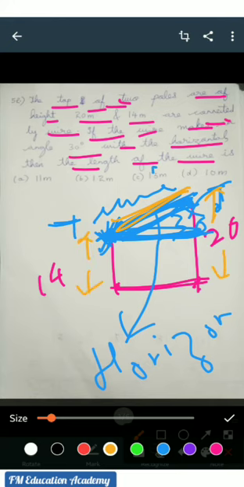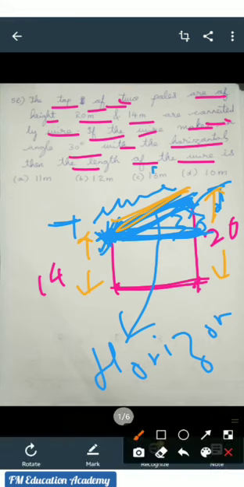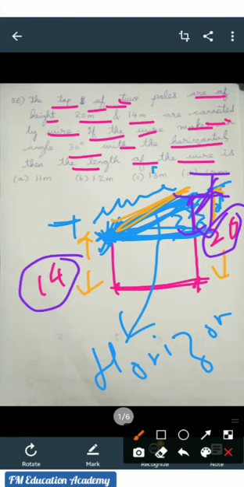So what will be the total of this? This total will be equal to how much? 20 minus 14. What is 20 minus 14? It is 6. So we got the height of this triangle as 6, and we also know 30 degree here, and we have to find out the length of this wire.